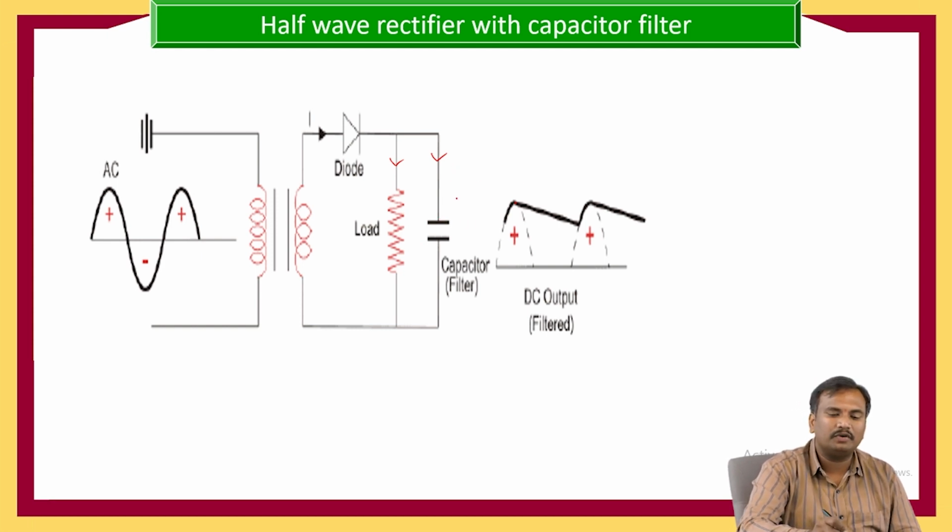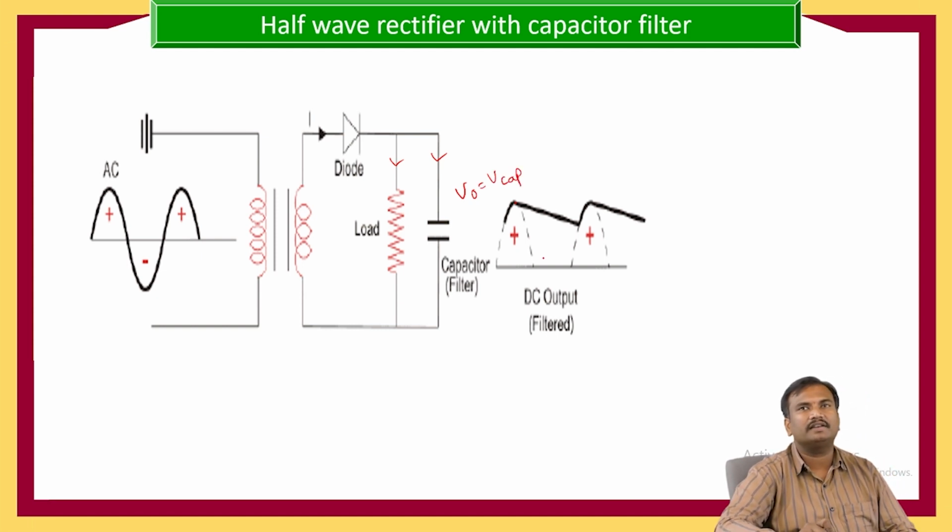So the capacitor voltage will appear across the output. Output voltage is equal to the voltage across the capacitor. And this capacitor voltage will discharge.